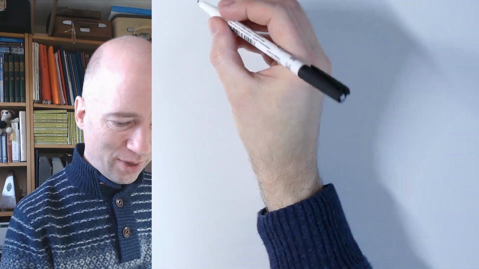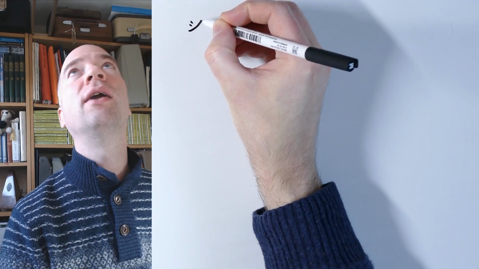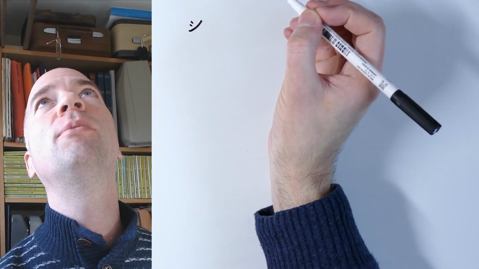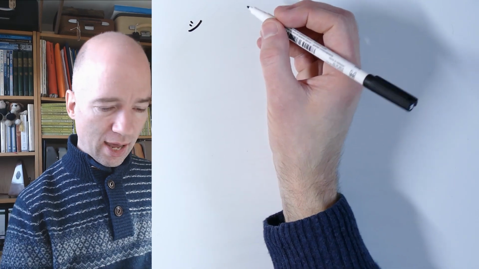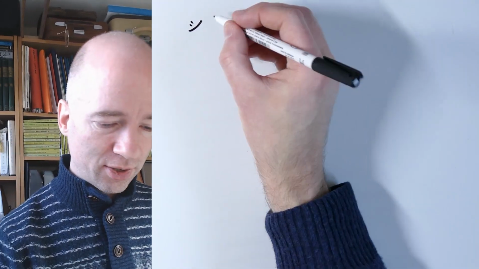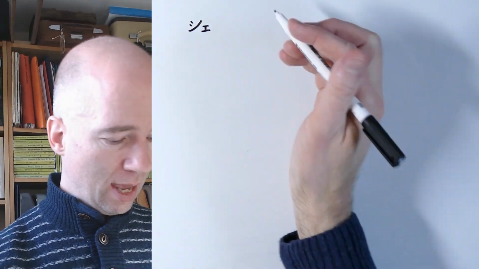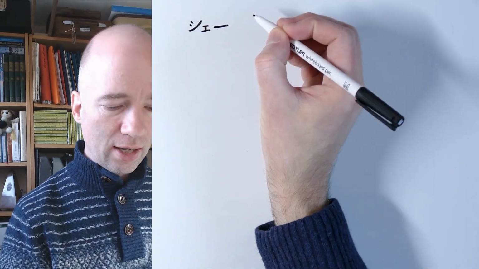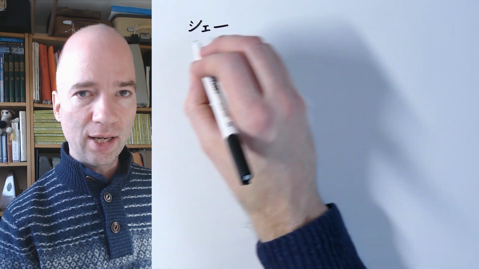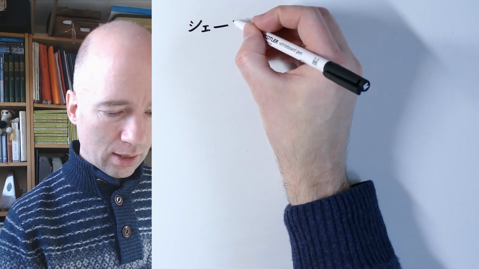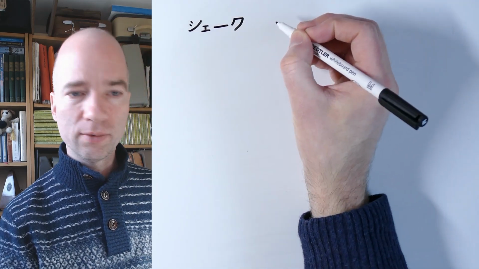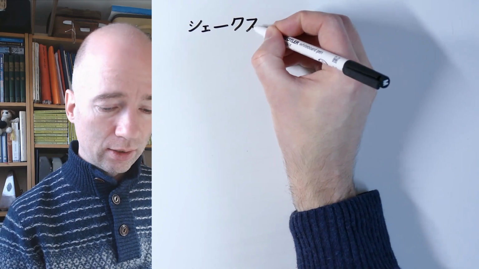I am within shot. Okay, so she plus a half size e becomes she. And then we have a doubling of the vowel, she. And we have ku, su.